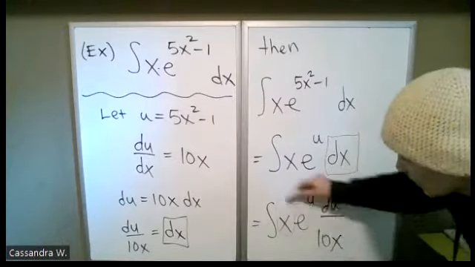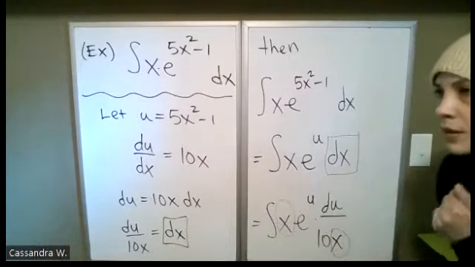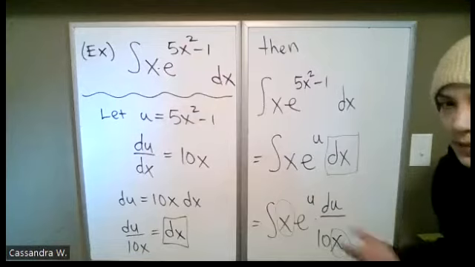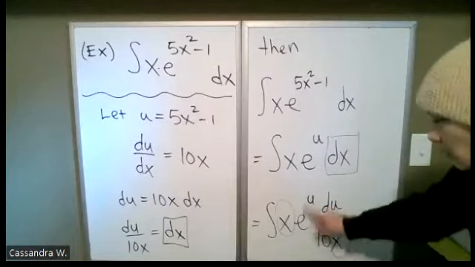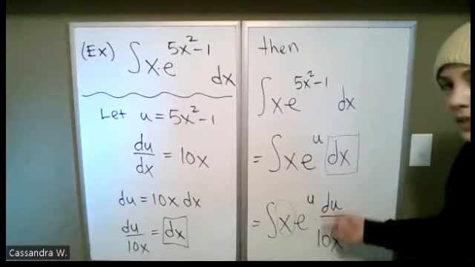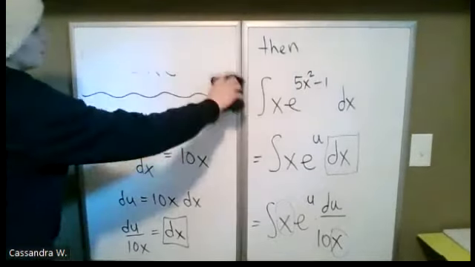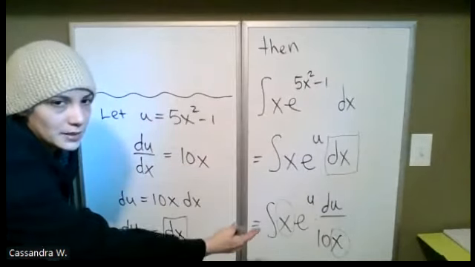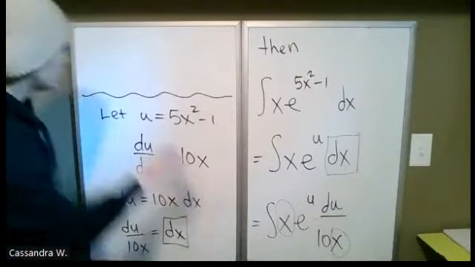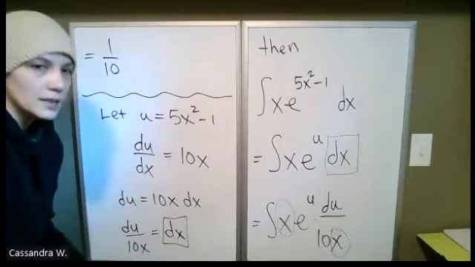Then you've got this x over x, which would be 1, except for x equal to 0. And we're left with 1/10 times e to the u. It's easier to read if we bring that 1/10 out in front of the integral, multiplied with the integral of e to the u du.